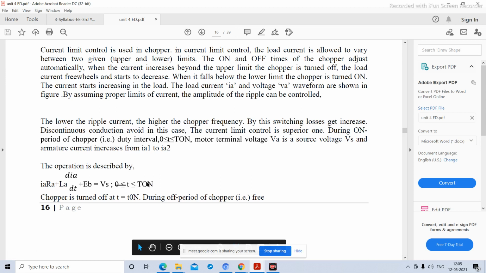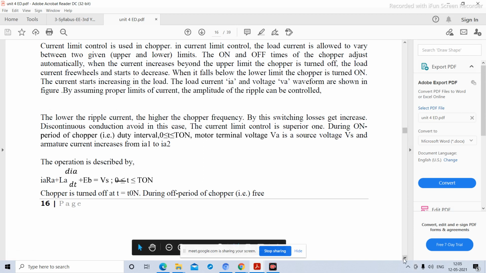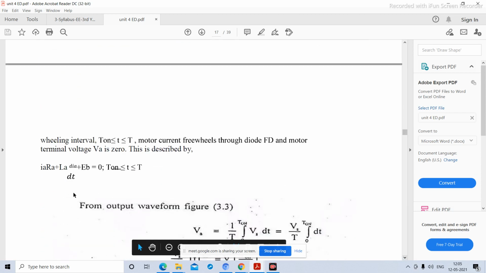So the equation during the T on period is Ra ia plus La di/dt plus EB equal to Vs, during the T on period only. Regarding this, we have already discussed. And during the T off period, Vs is 0. So Ra ia plus La di/dt plus EB equal to 0.